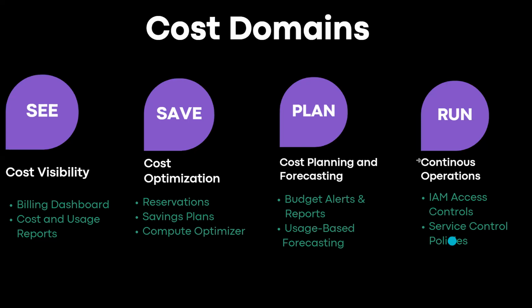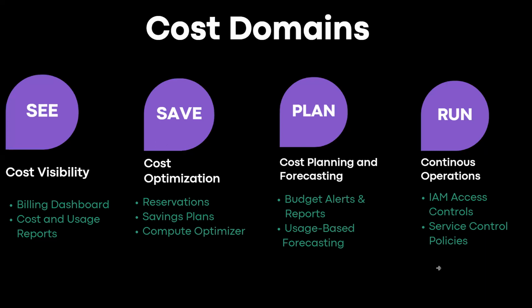Then the final aspect is running. So this is how to manage continuous operations, your day-to-day activity, what's happening in that account. It applies a bit more to, let's say, a company account, because there's going to be a lot of activity happening in a shared account. There could be new services being launched, some changes being made, testing being done, some sort of development being done.